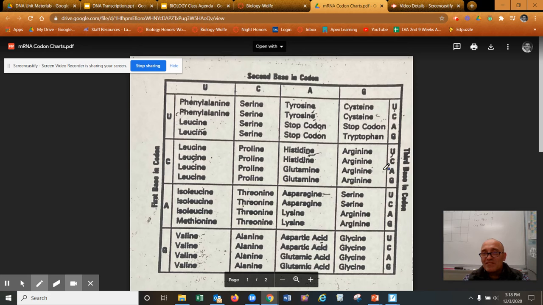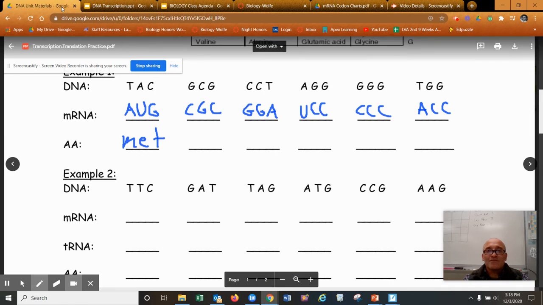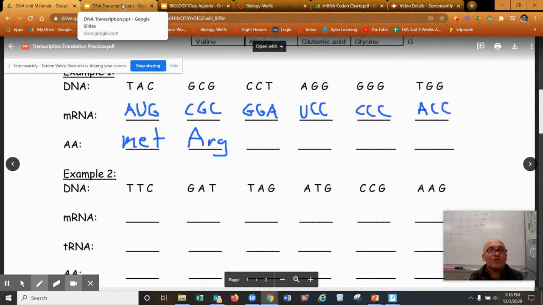CGC is this one right here called arginine. So come back here, I'm going to put in ARG. Okay. And I want to show you how to use the circular chart because I actually prefer that one myself.